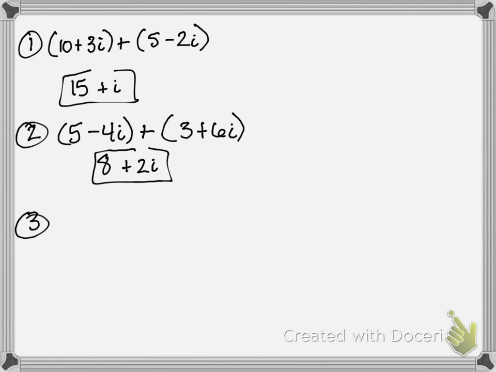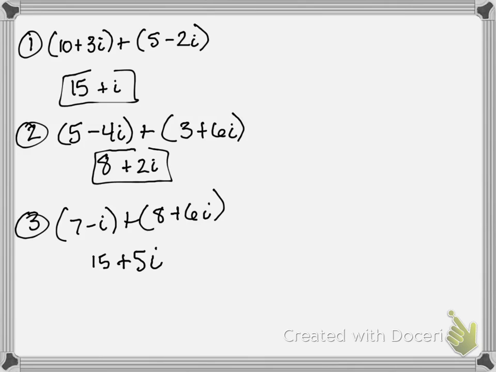Number 3 is 7 minus i plus 8 plus 6i. And on this one, like terms, 7 plus 8 is 15. Negative i plus 6i is positive 5i. Okay. Positive 5i there. Questions so far?